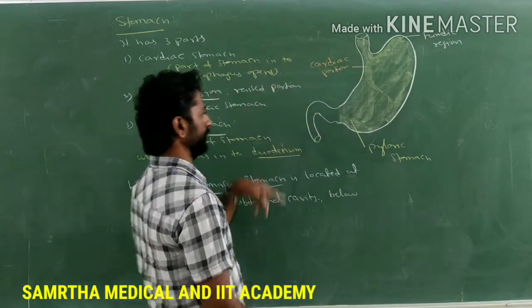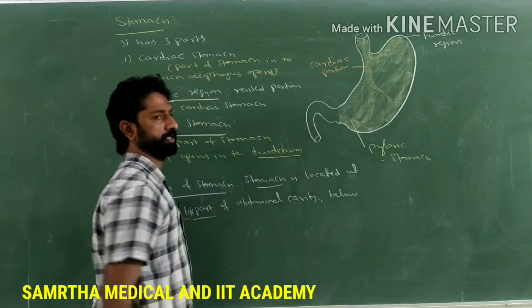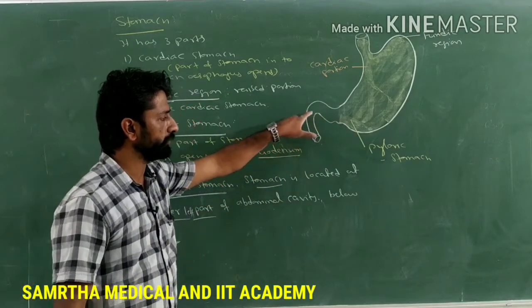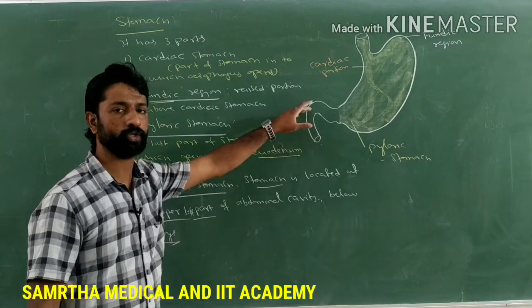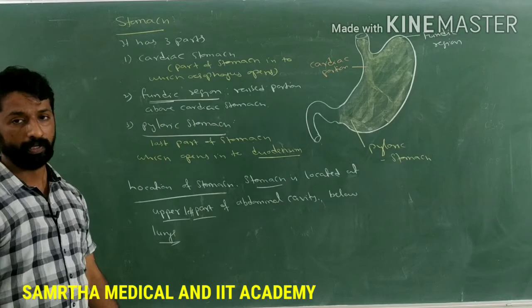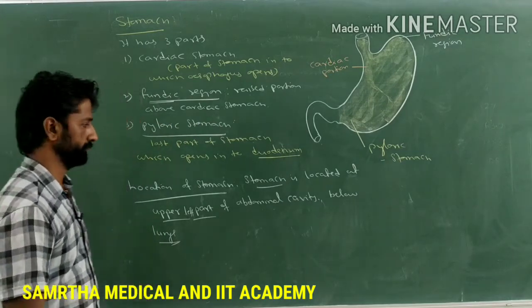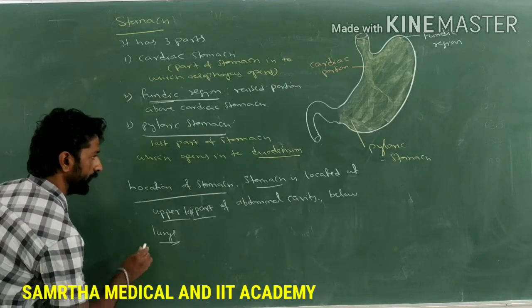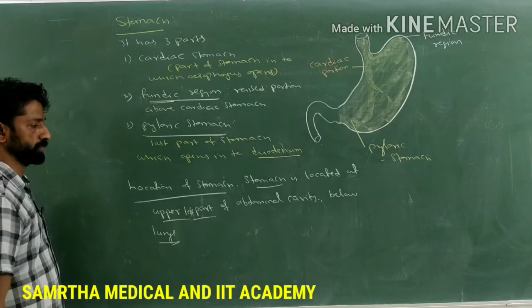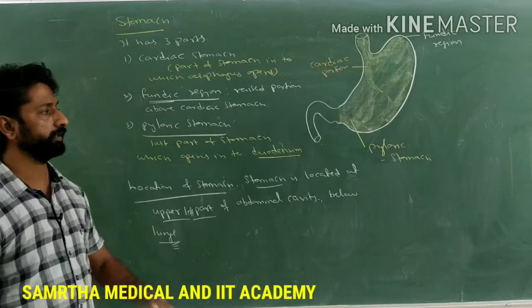Similarly, the pyloric portion of the stomach opens into the duodenum of the small intestine, and this opening is also controlled by another sphincter, called the pyloric sphincter. We will discuss that in the intestine.